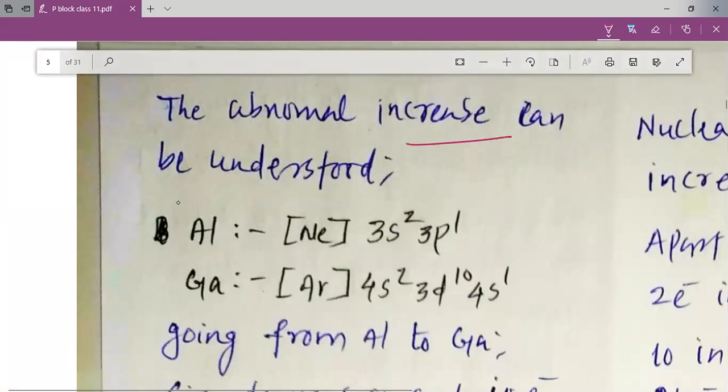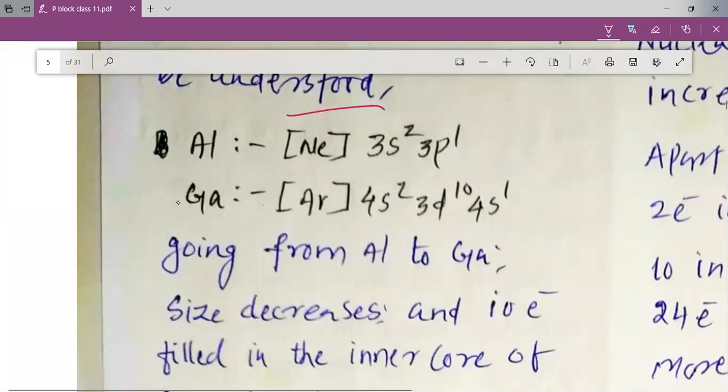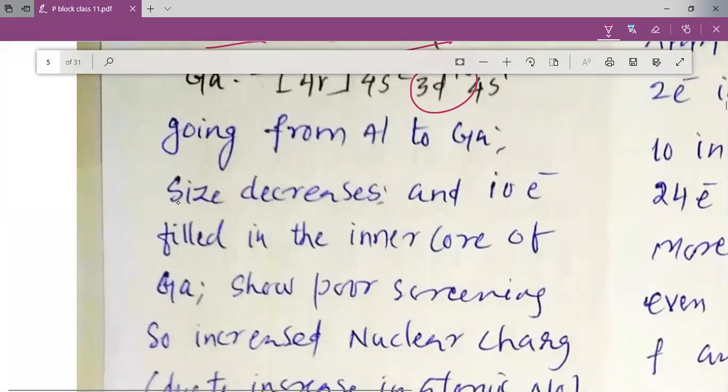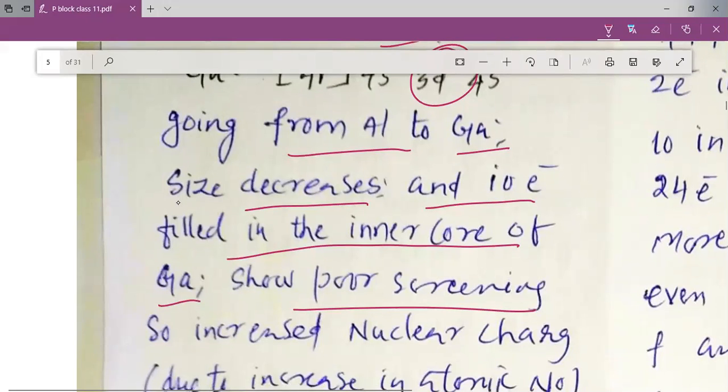The abnormal increase can be understood by looking into the electronic configuration. We have already seen that in the case of gallium, the 3d orbital is filled with 10 electrons that increase the nuclear charge and decrease the size. Going from aluminium to gallium, size decreases and 10 electrons filled in the inner core of gallium show poor screening.